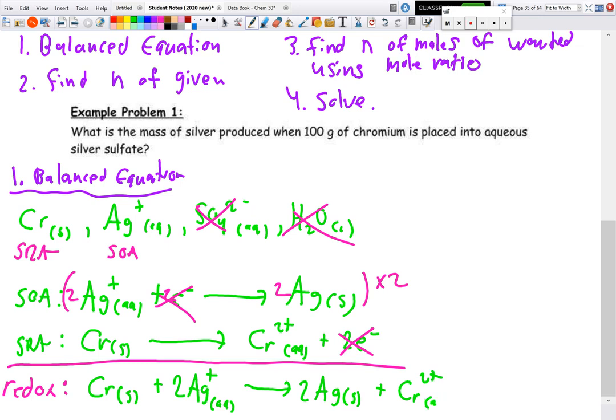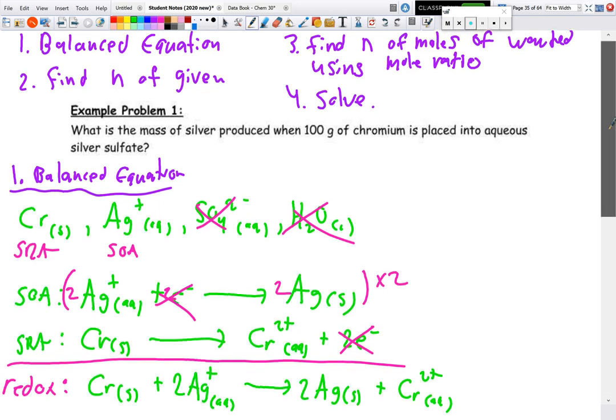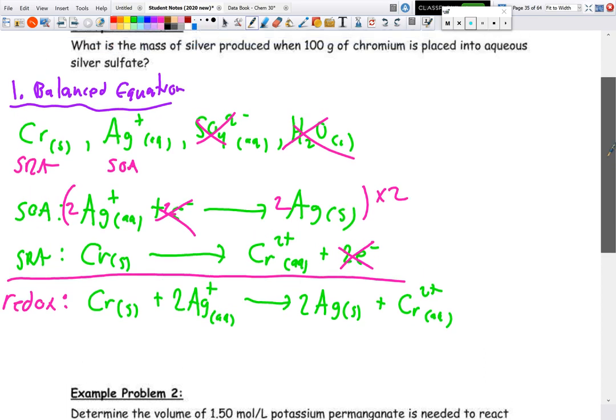Now we did all this for our first step, which is finding our balanced reaction.